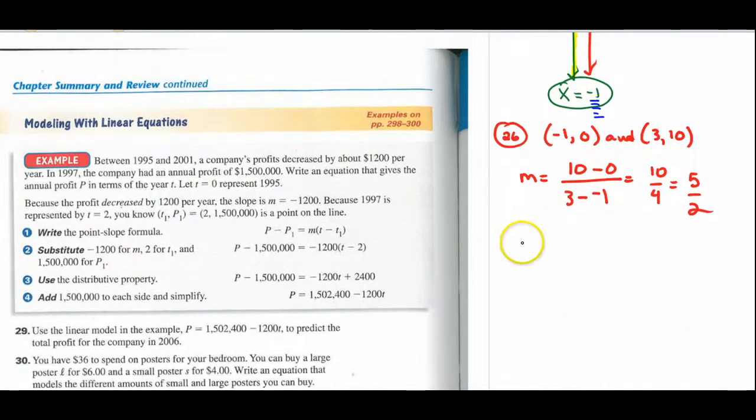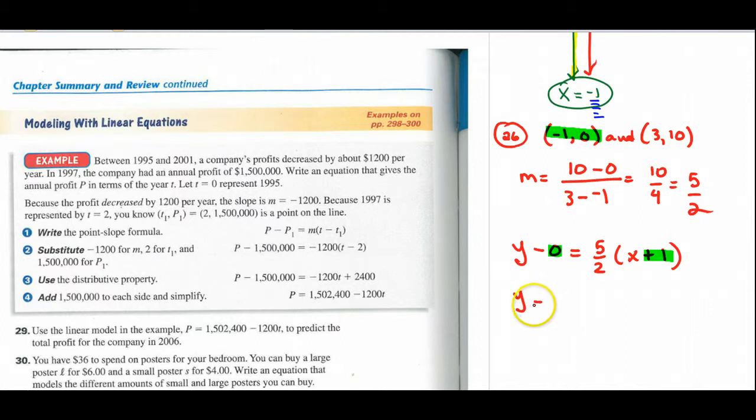So now we're going to use point slope. So we have y minus 0 equals 5 over 2 times x plus 1, because we choose this point right here. So we put in 0 for y and -1 in for x, and we use point slope.